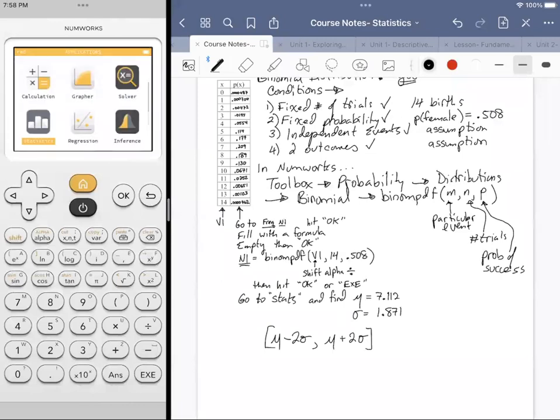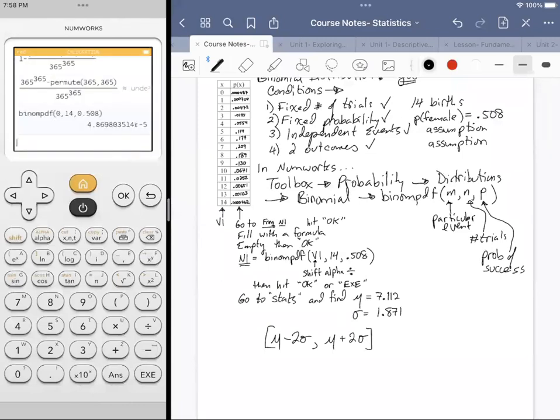So as long as you know we're working with a population of values, you would know that you don't want the ones that say sample. All right. So then I'm going to go to my calculation. 7.112 minus 2 times 1.871. And then same deal, just with a plus sign. All right, so 3.5 to 10.854.